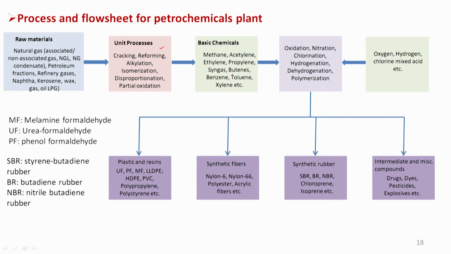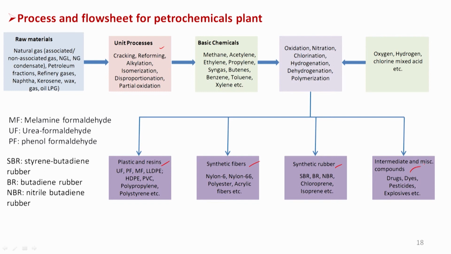These basic chemicals are further reacted with oxygen, hydrogen, chlorine, mixed acids, and then through oxidation, nitration, chlorination, hydrogenation, dehydrogenation, polymerization, we can get different petrochemical products, like plastics and resins, synthetic fibers, synthetic rubber, intermediate and miscellaneous compounds.